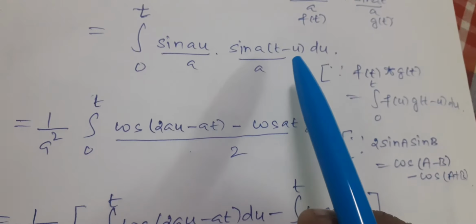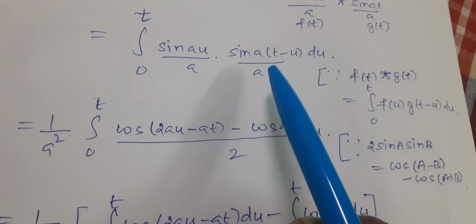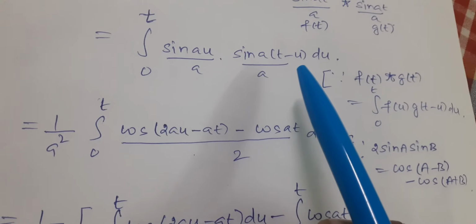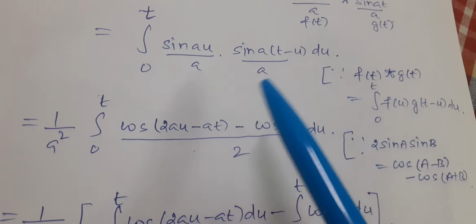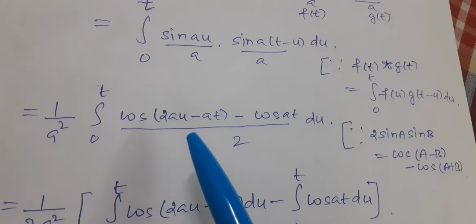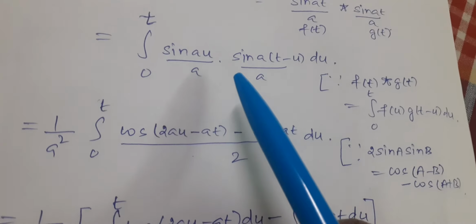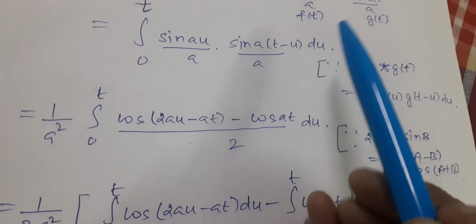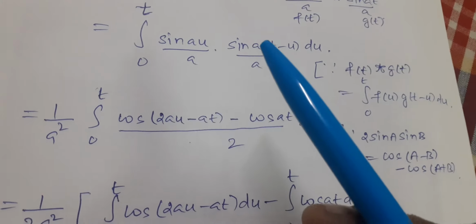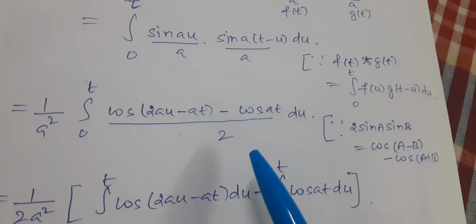Subtracting, cos of a minus b: au minus at plus au, so au plus au is 2au minus at. So cos of a minus b is 2au minus at, minus cos of a plus b, au plus at minus au, where au minus au get cancelled. Then we are getting cos at into du divided by 2.